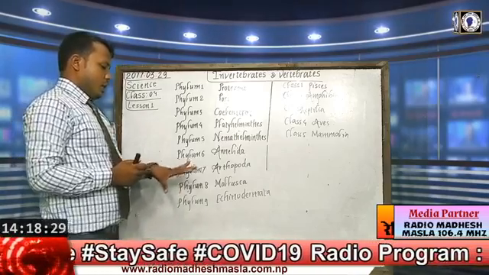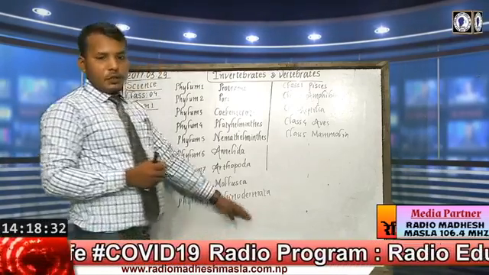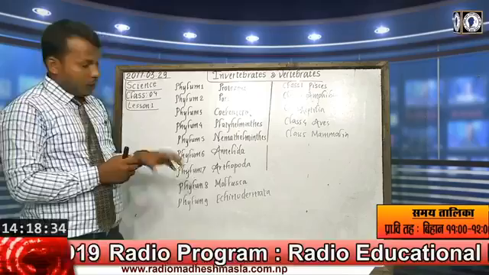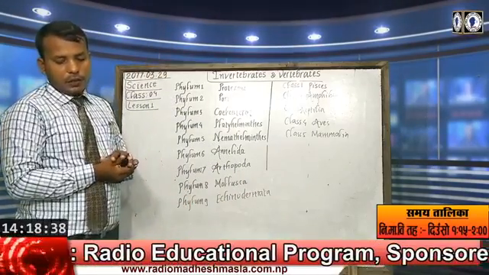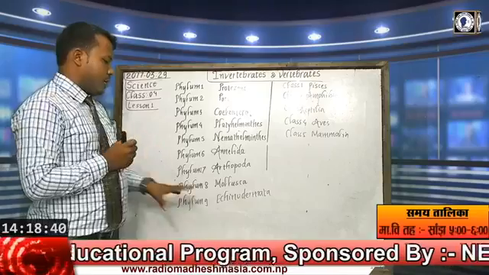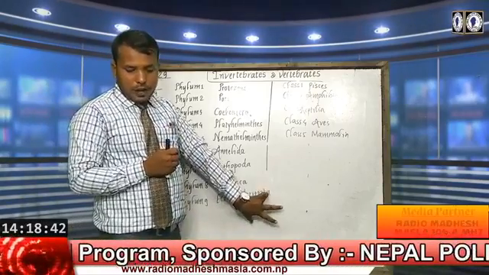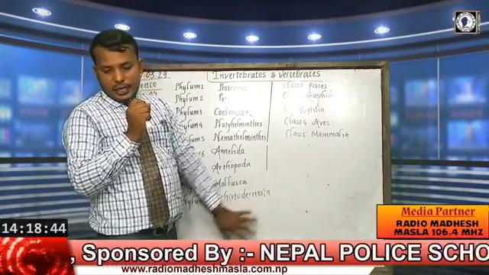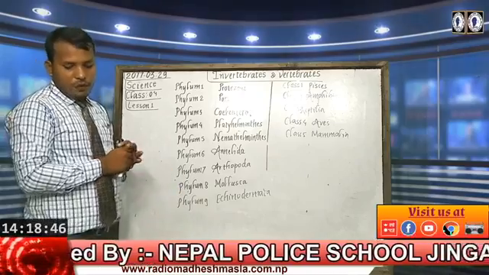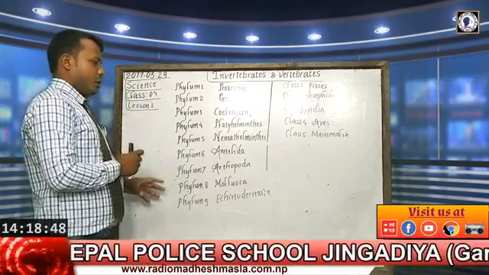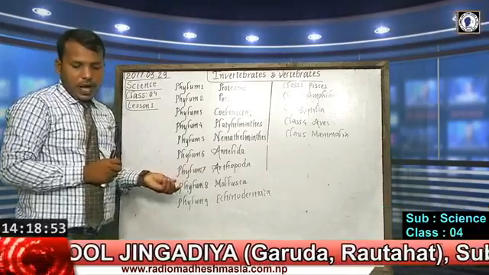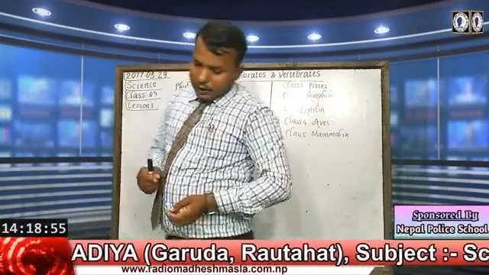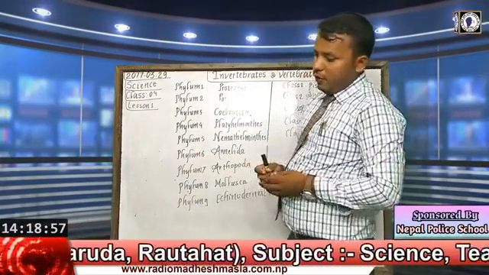Last one, Echinodermata. This phylum includes spiny-skinned animals. They are found in the sea or ocean, and they are not found in our country. These animals have a star-like, elongated or flower-like body.